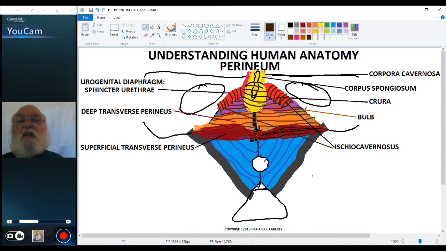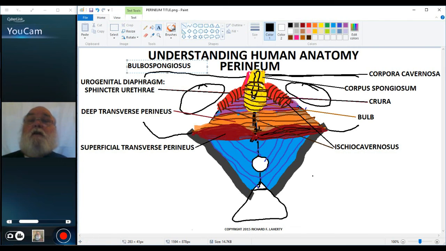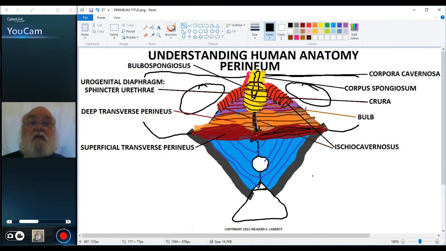I'm drawing it in as these lines so as not to obscure the bulb itself. This is the bulbospongiosus muscle. And since the bulb is a midline structure, there is only one of these muscles. It's not paired. We'll draw that in here.